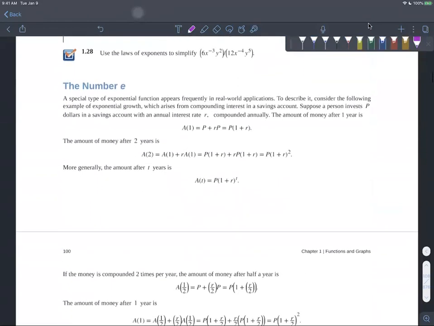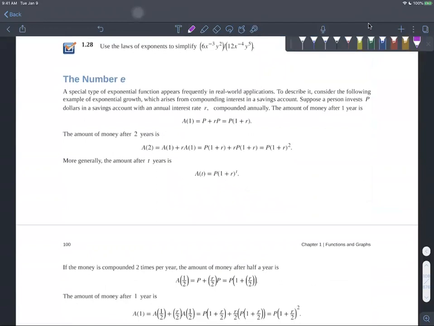All right, the number e. A special type of exponential function appears frequently in real-world applications. To describe it, consider the following example of exponential growth, which arises from compounding interest in a savings account. Suppose a person invests P dollars in a savings account with an annual interest rate R, compounded annually.